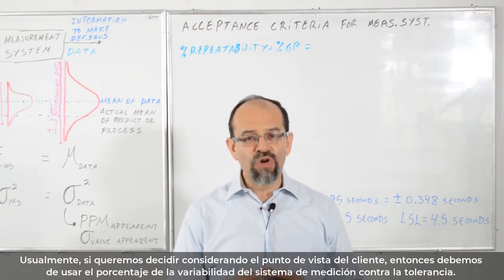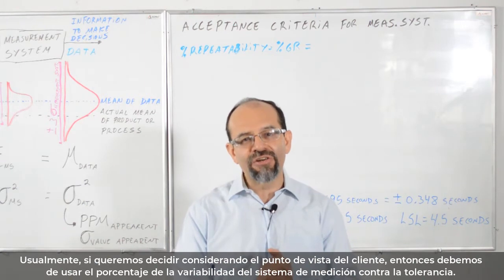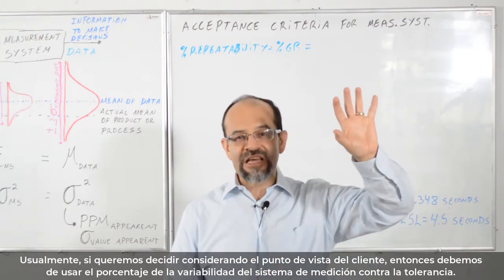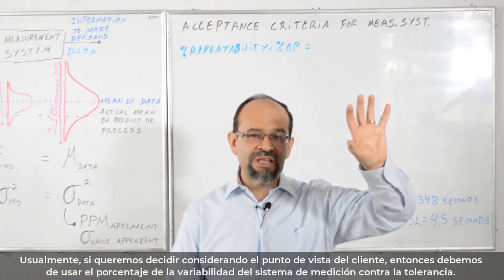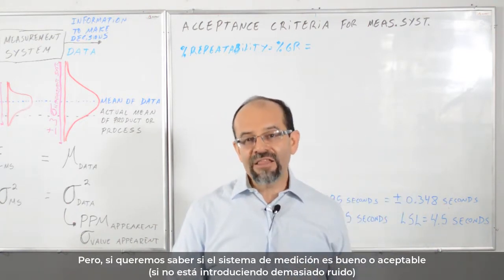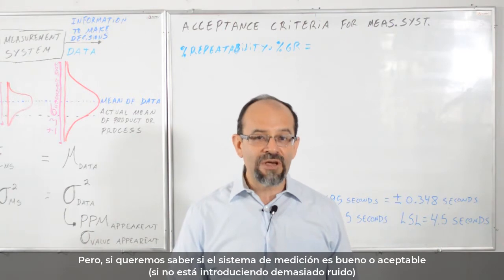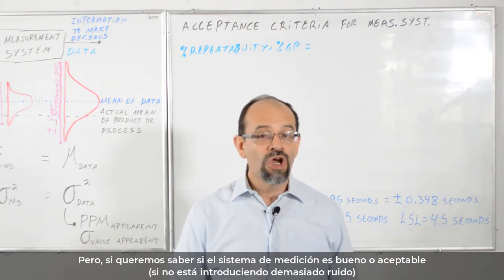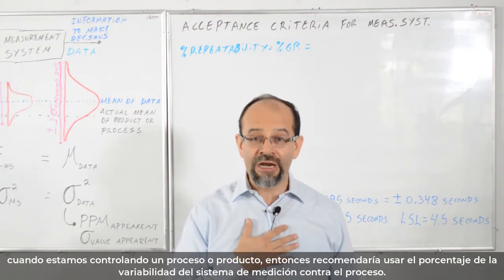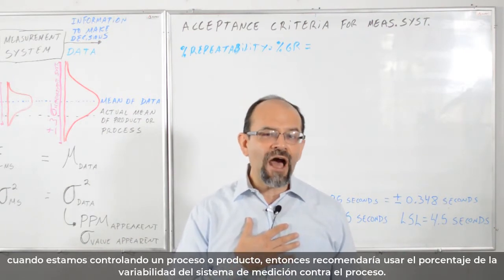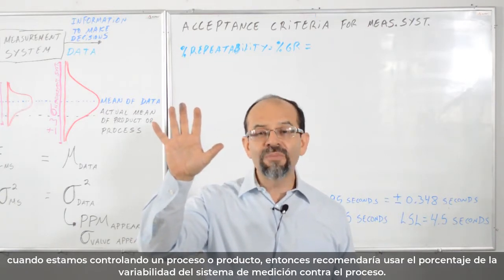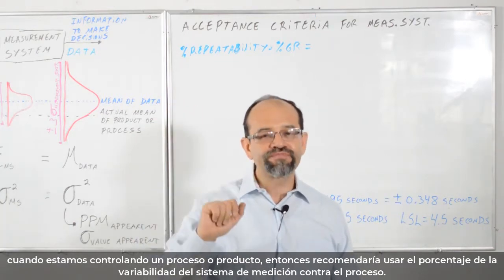Usually, if we are talking about the criteria from the customer point of view, we are using the percentage of variability of the measurement system against tolerance. But if we want to know if the measurement system is acceptable, is not introducing too much noise while we are controlling a process or a product, then I would recommend using the percentage of variability of the measurement system against process.